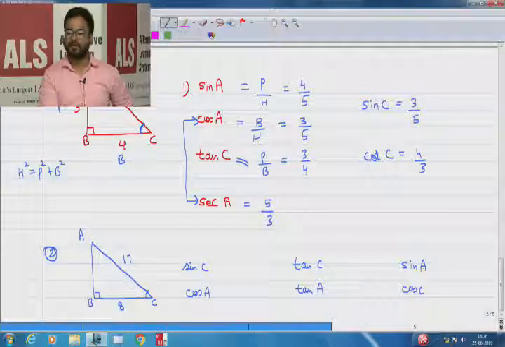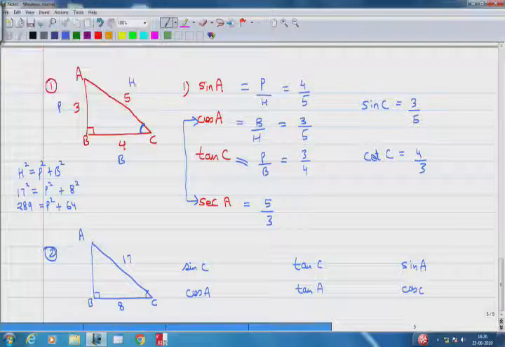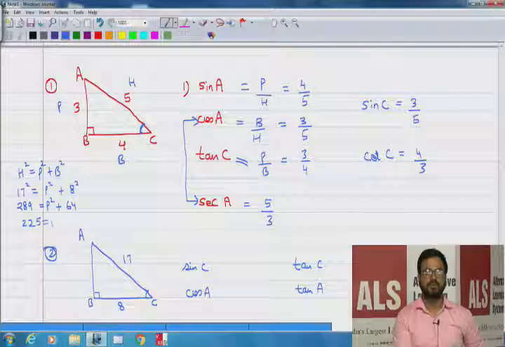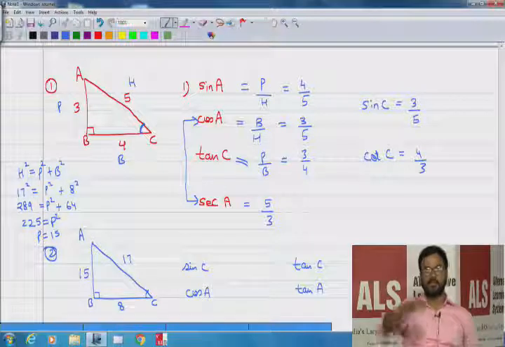So h square, 17 square, is equal to perpendicular square, let's say the perpendicular is missing, so p square plus 8 square, which is 64. 17 square is 289, which is equal to p square plus 64. 289 minus 64 is 225, which is equal to p square. So the value of p is 15. So one of the sides is 15, which is the missing one, the vertical side.